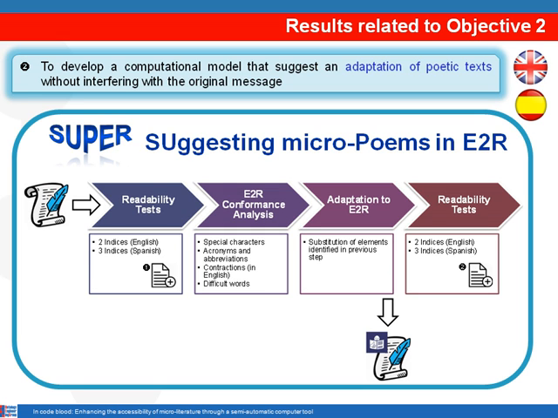SUPER analyzes a micropoem with respect to a subset of guidelines included in the easy-to-read methodology. These guidelines are related with the special characters, abbreviations, contractions, and difficult words. Based on the results of this analysis, SUPER proposes a new micropoem that satisfies the aforementioned guidelines. In addition, SUPER calculates the readability index for the original and adapted micropoem.